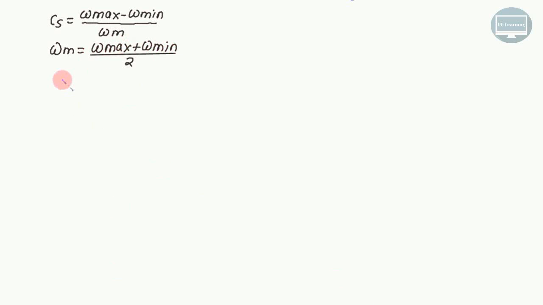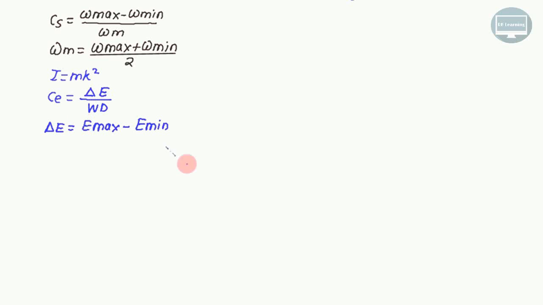That's it. Next term we are discussing is I. I is defined as mk square. Then we define C. C is defined as delta E divided by work done. What is delta E? Delta E is defined as E max minus E minimum.